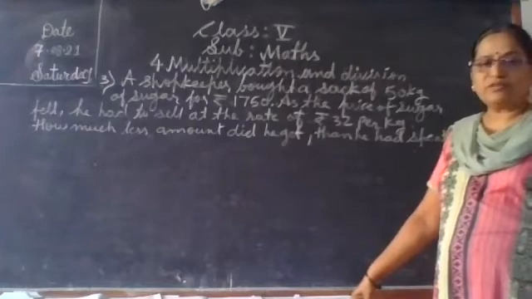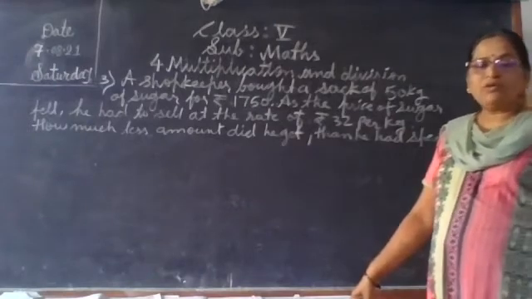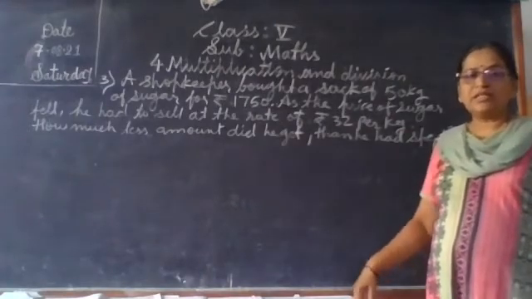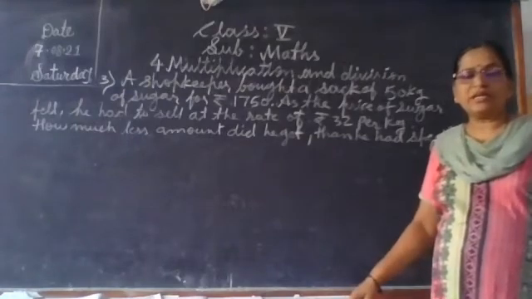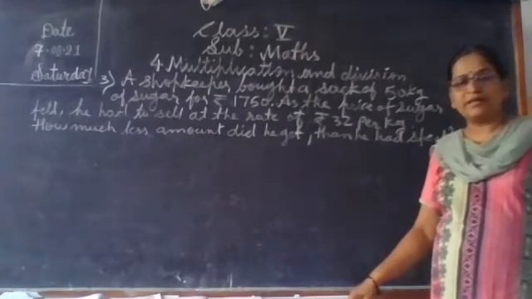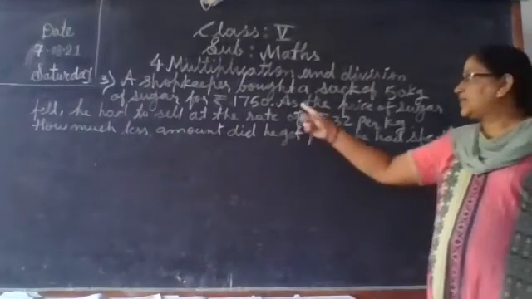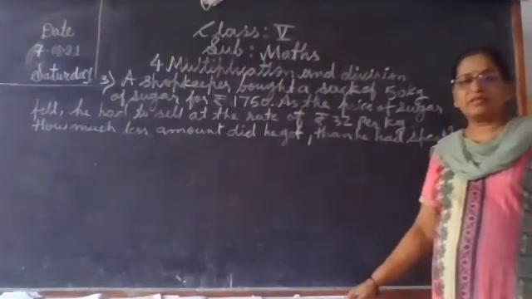Now you have to find how much less amount did he get. So what to do? First we will find the rate of 1 kg.